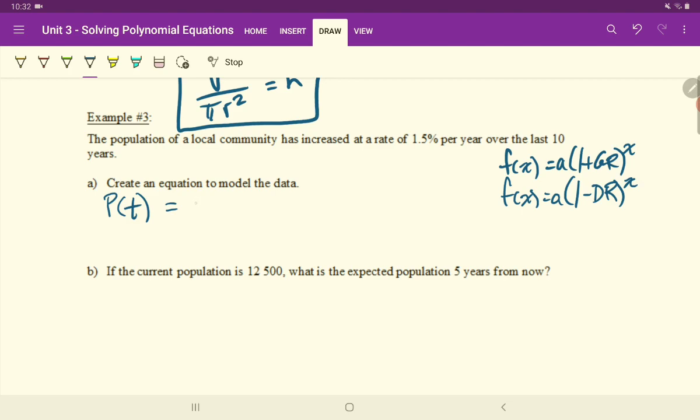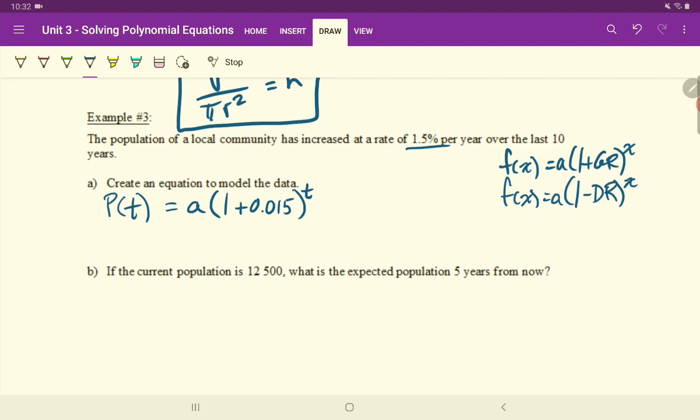I do not. So let's leave it as A. And then 1 plus the growth rate of 1.5, which is actually 0.015, to the power of t.